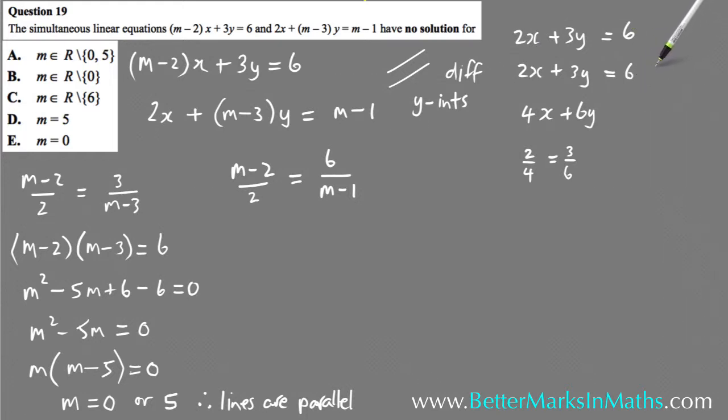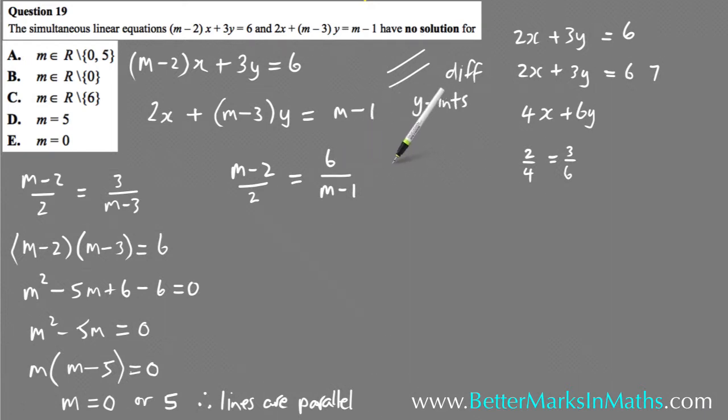For example, if this was equal to 7, that would be 2 over 2, and the ratio here would be 6 over 7, and those ratios are not equal, so that gives you a different y-intercept when you put both equations in the form y equals mx plus c. So when you let the ratios equal each other, you're saying the y-intercepts are equal for whatever values of m make that true.